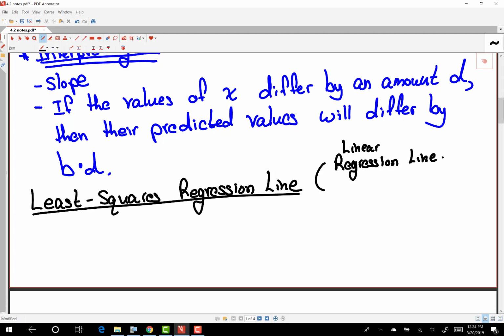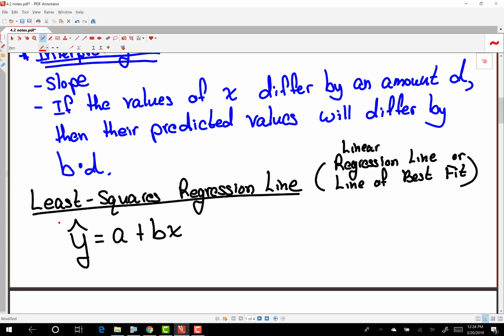It's also sometimes called the line of best fit. I'm not going to go into how it's found. If you read the textbook, you'll see why it's called the least squares regression line. This book just refers to it as the least squares regression line. And it's y hat, because it's a sample value. It's not from the entire population. It's just a prediction. It's a guess. And it's a plus bx.